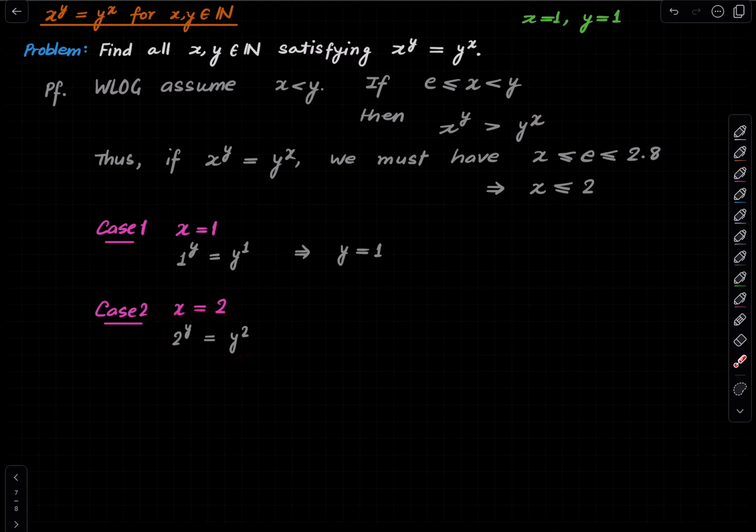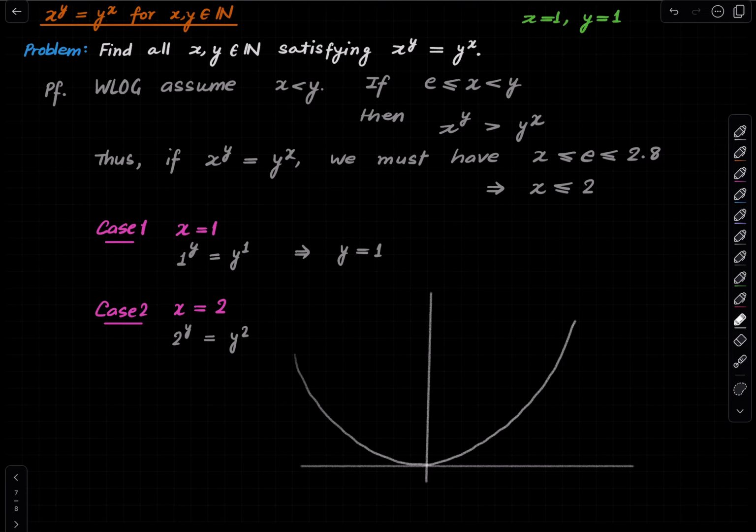And I do not want to argue this in too much detail. Here is a pictorial way to get at all the solutions that you can get here. So y square looks something like that. And 2 to the power y will take the value 1 at 0, and at 2, these two things will be equal.